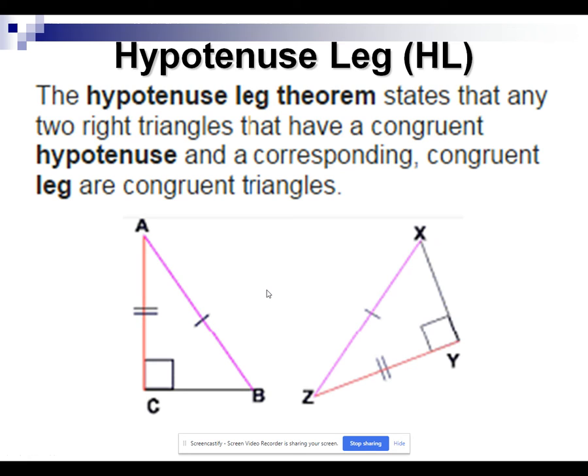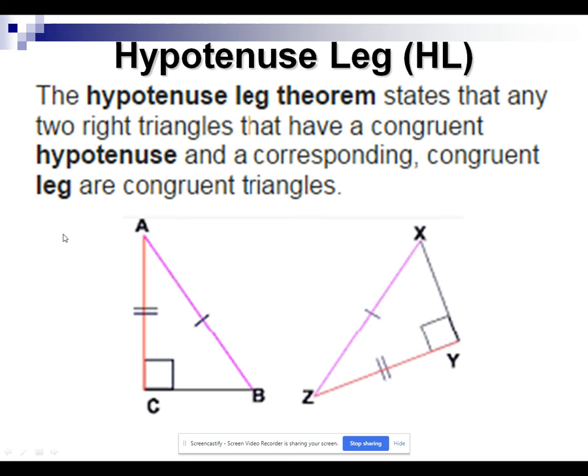And that's going to be important because if it's not a right triangle, then it would be no. It has to be a right triangle for this one to work. If you just had an angle and then a side, that's going to be on the no side in a minute. But if it's a right angle, then it works. So HL, hypotenuse leg, on the yes side.